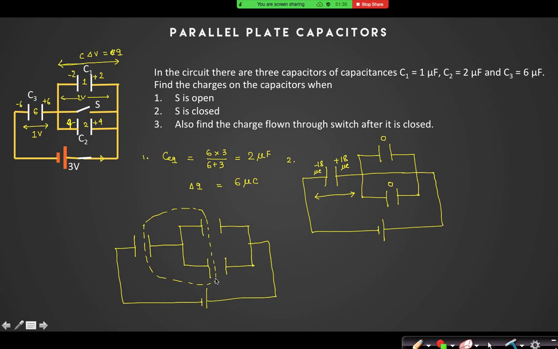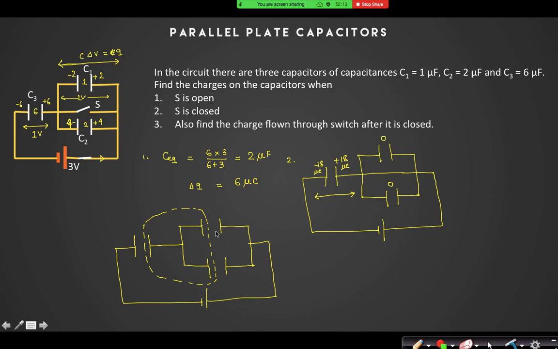You make a boundary, and if no wire crosses that boundary, it is isolated. So nothing is crossing that particular boundary, so I can say that these three plates are isolated. Now, if these three plates are isolated, the total charge on these plates will always be a constant. Yes or no?